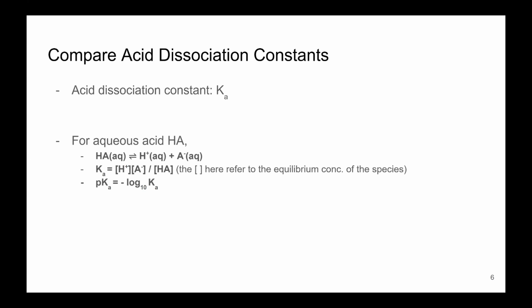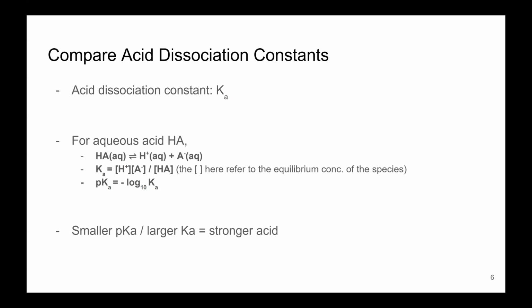When you write P in front of a quantity in chemistry, it just means negative log base 10 of that value. So pKa is just negative log 10 Ka. By comparing the pKa's instead of just comparing the Ka's directly, we can represent the numbers in an easier manner. So a smaller pKa or a greater Ka indicates a stronger acid.